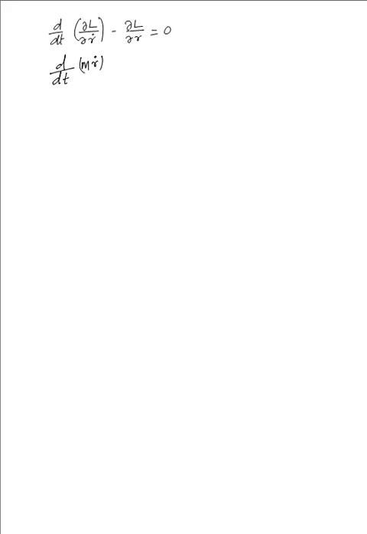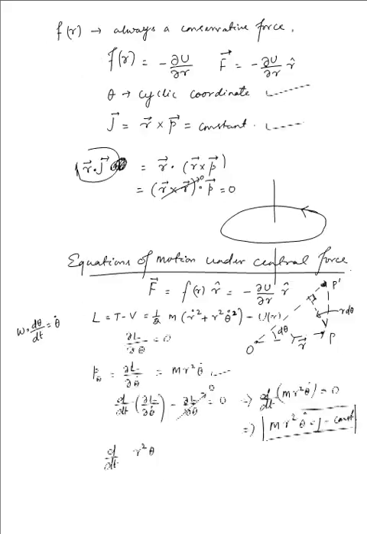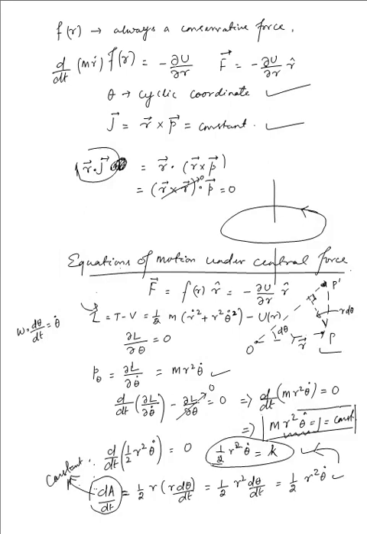And moving back again, the second term has an r, so del L by del r, which is the next term, remains as m r theta dot squared.